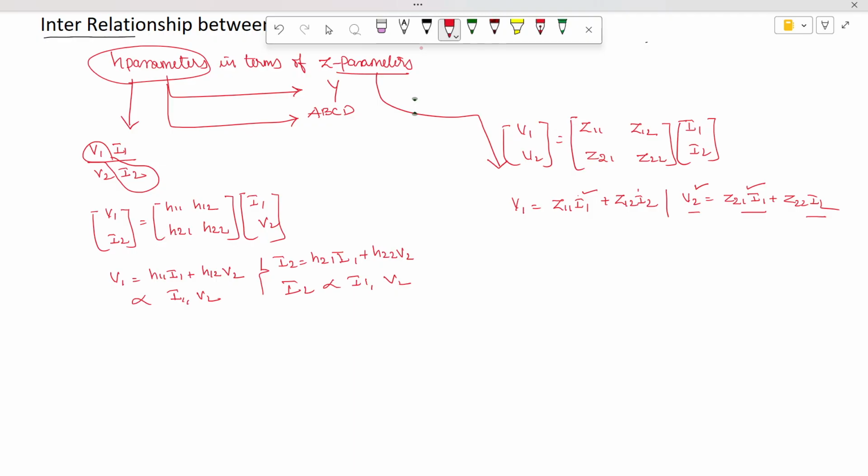You can write down V2 minus Z21 I1 is equal to Z22 I2 as the equation. So now we want to express I2 in terms of I1 and V2. For this I am going to write it as V2 by Z22 minus Z21 divided by Z22 times I1 is equal to I2.